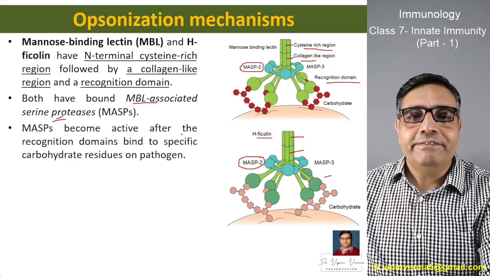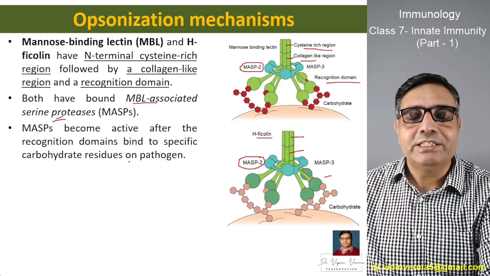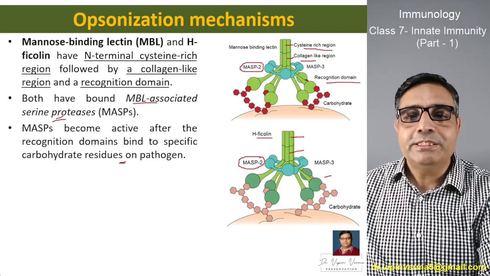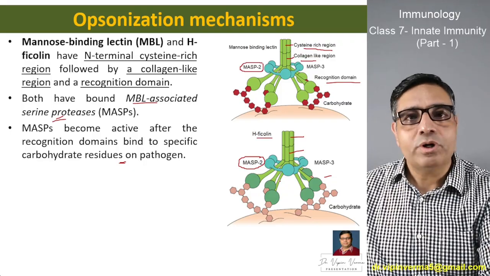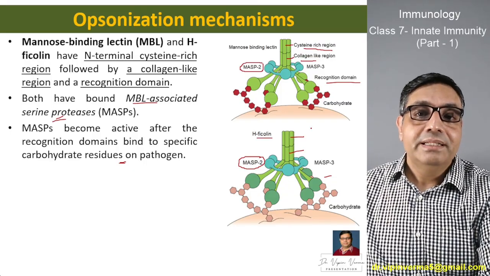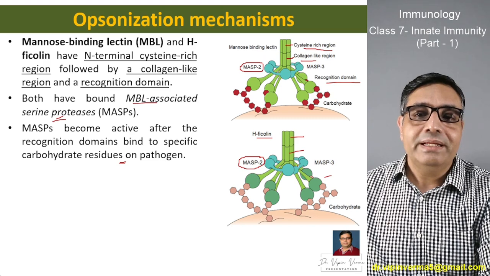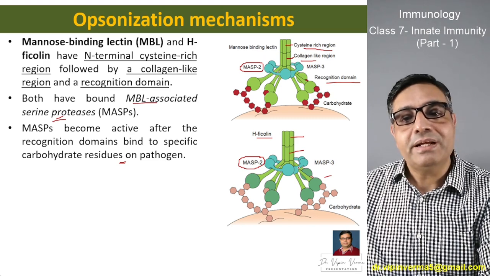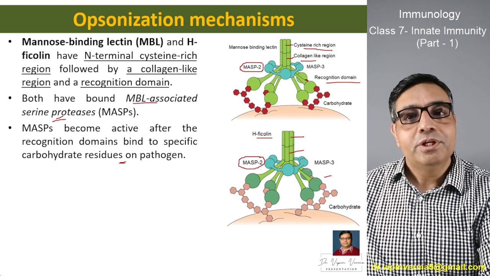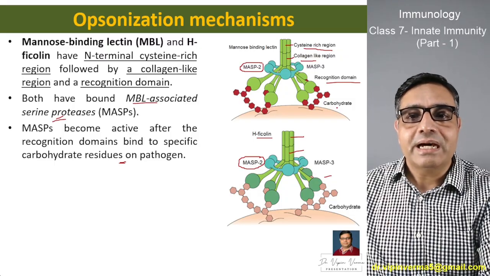They become active after the recognition domain binds to specific carbohydrate residues on the pathogen. So MASP is present there, but it is not activated unless the recognition domain binds to the specific carbohydrate residue. Here you can see the carbohydrate.